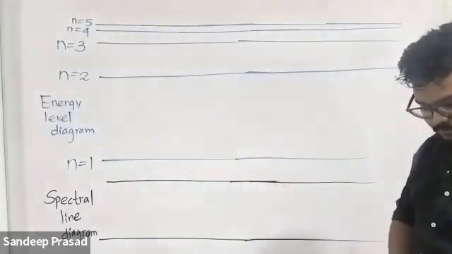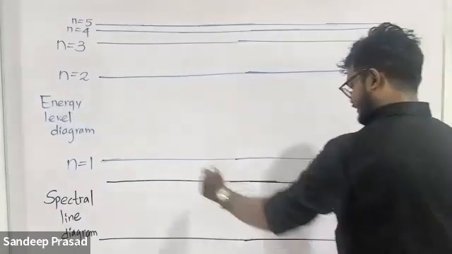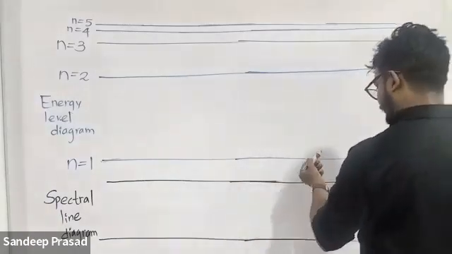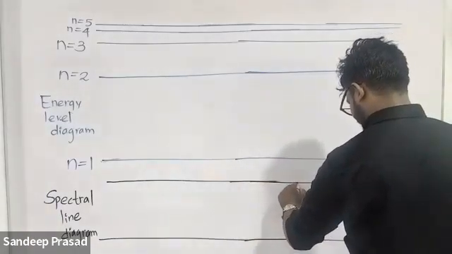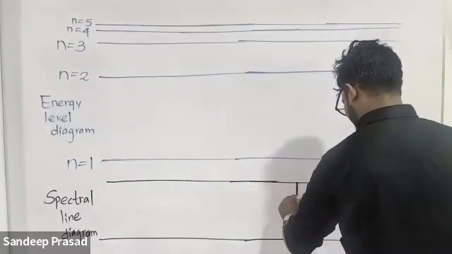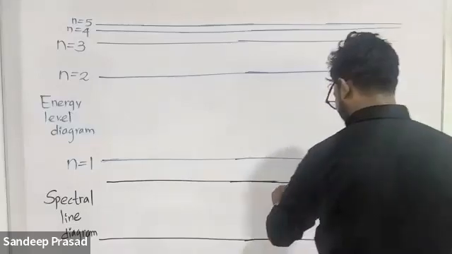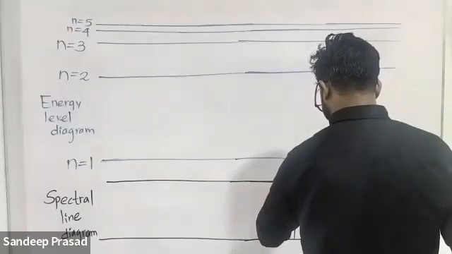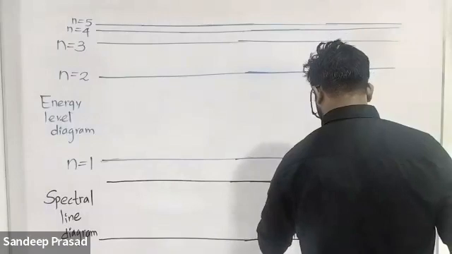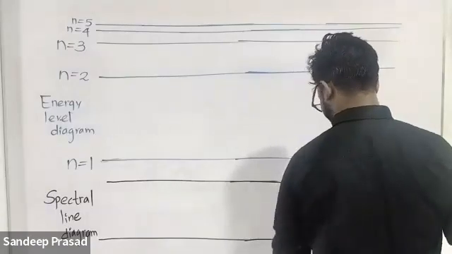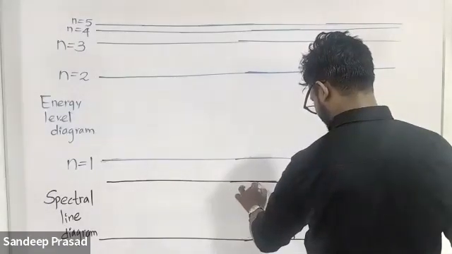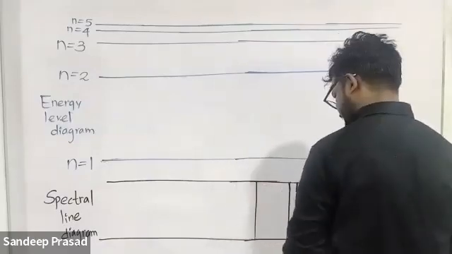Now, can you remember I told you that in the spectral line diagram, we obtain 4 lines in this way. No one asked me, sir, why those lines are approaching each other. I thought that one of you would ask that, but no one did. Okay, doesn't matter. I will ask the question and I will answer.